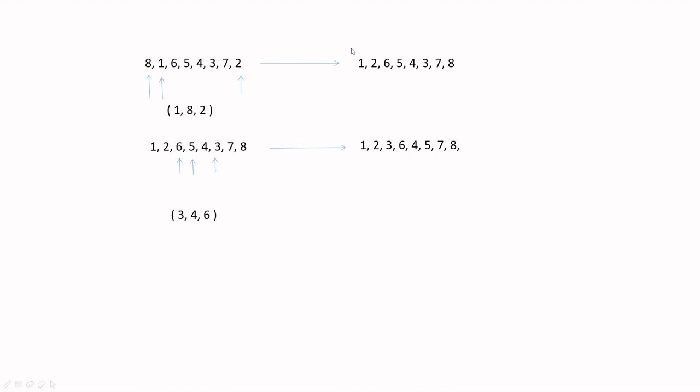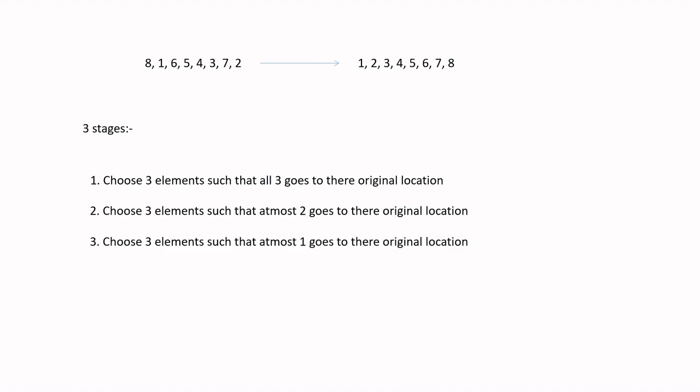Now we again have to perform the operation on 6, 4, and 5, and on performing the right cyclic shift, we will get 1, 2, 3, 4, 5, 6, 7, 8, taking these indices 4, 6, and 5. If you have understood this problem, I'll explain once again how these stages are being used.